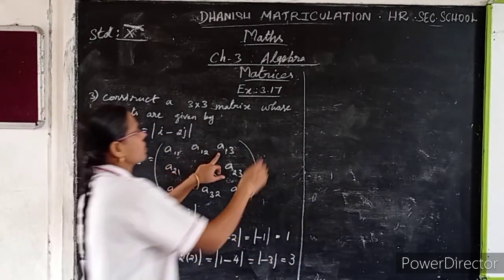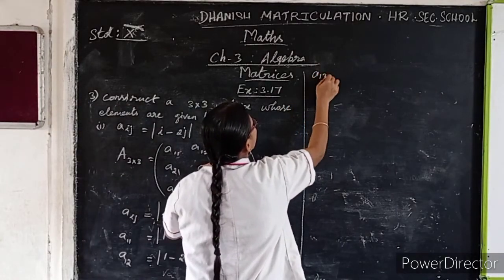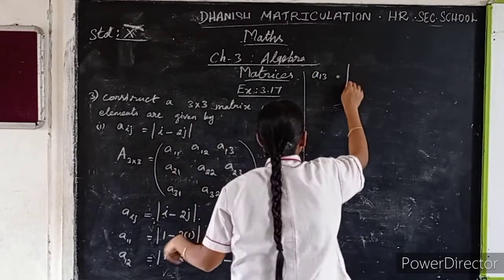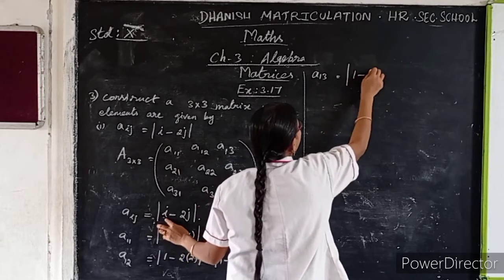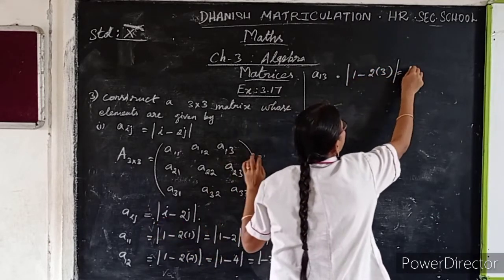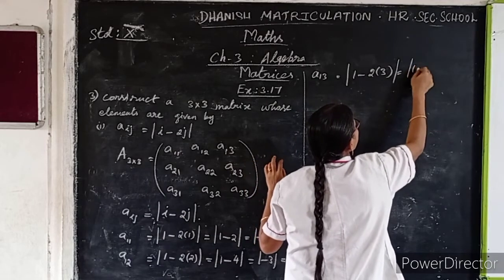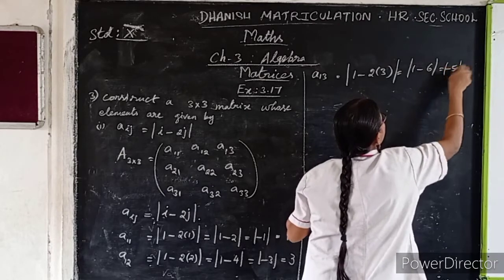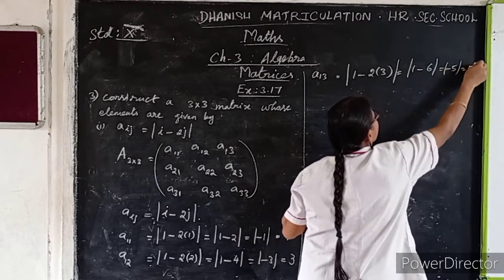Next A13. Here i is 1, j is 3. Modulus of 1 minus 2 3s are 6. So minus 5. Modulus of minus 5 is plus 5.